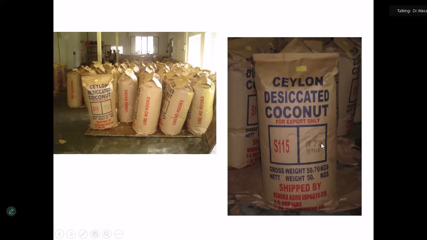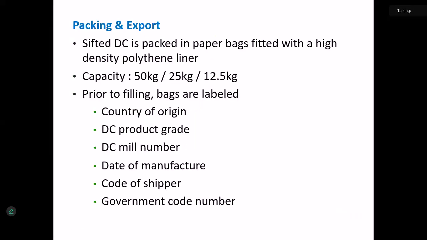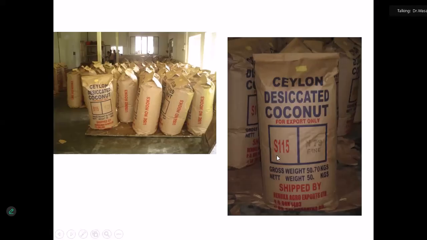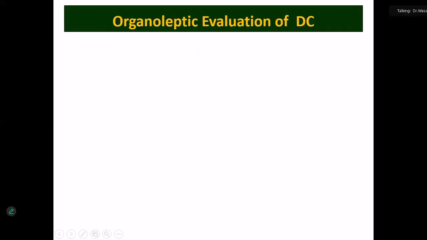One factory has one number. Then date of manufacture, code of shipper, and government code number. Government code number S115. Code of shipper, this one, and so on. So this information should be there.